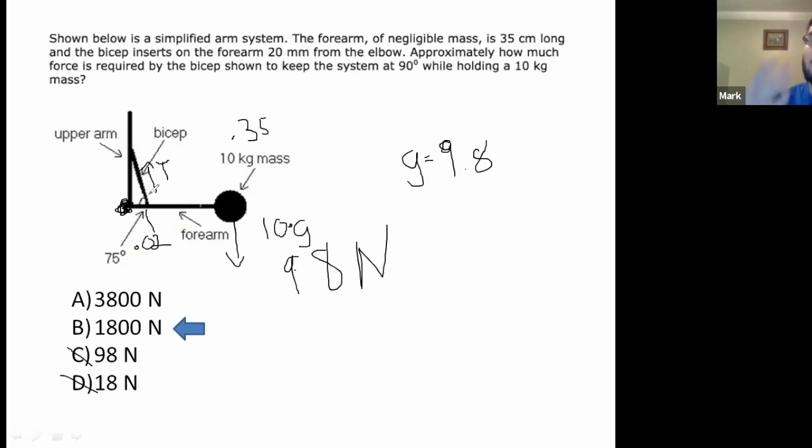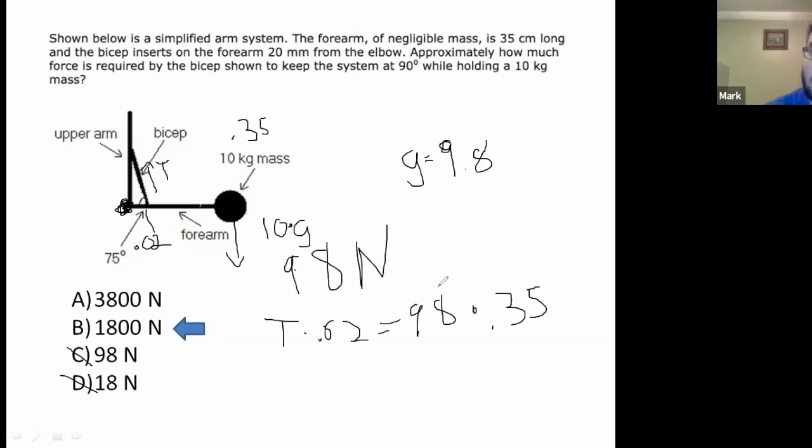So if you were to pretend that this angle didn't exist and it was just a straight line, then you would have T, the tension, times 0.02 is equal to 98 times 0.35, right?